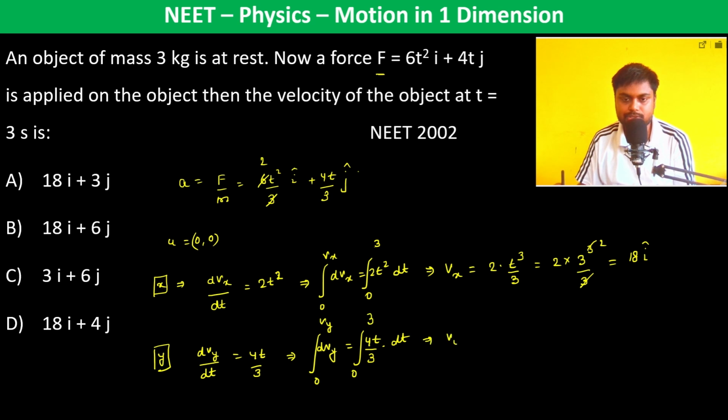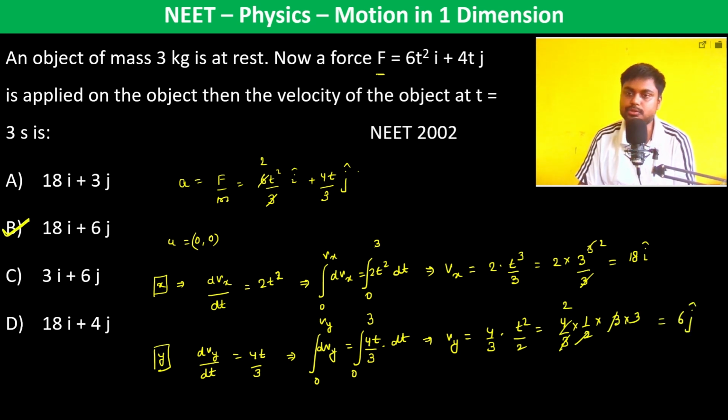The velocity y is going to be 4 by 3 into t square by 2, which is 4 by 3 into 1 by 2 into 3 into 3, which gives 2 into 3, which is 6. So 6 j cap. Therefore the answer is going to be B.